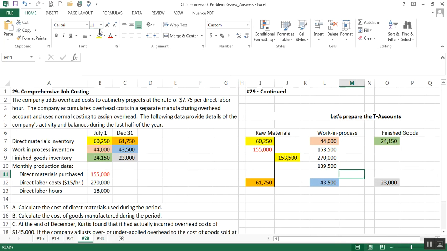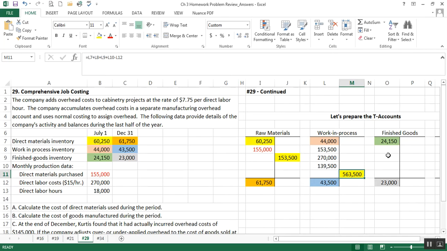Now we need to calculate the cost of goods manufactured that's going to move over to finished goods. So we take our beginning inventory plus our direct materials, direct labor, and overhead minus our ending inventory, giving us cost of goods manufactured of $563,500.